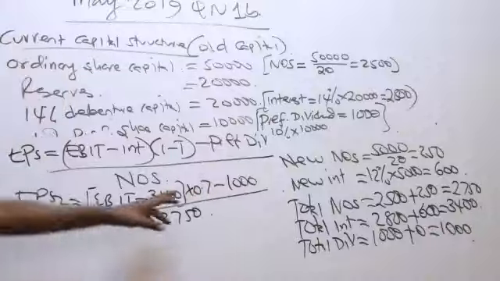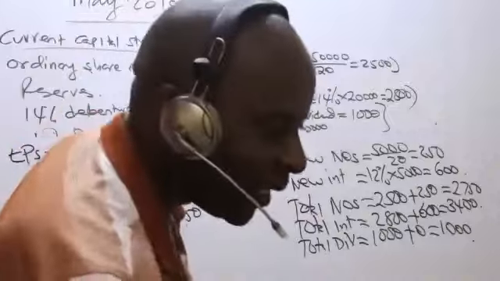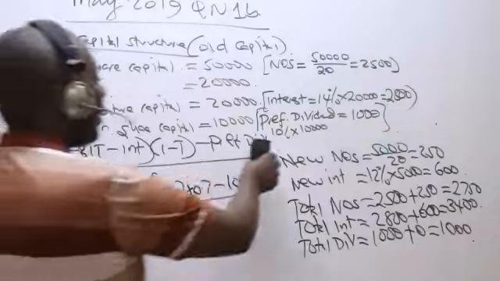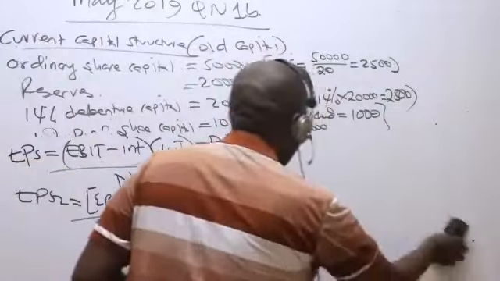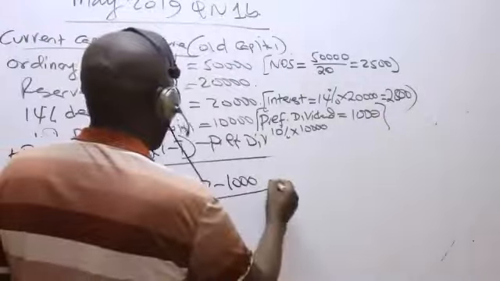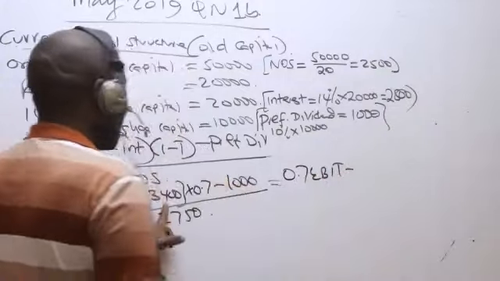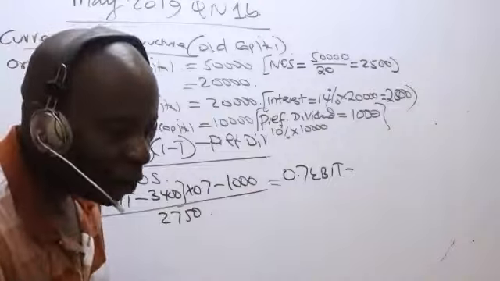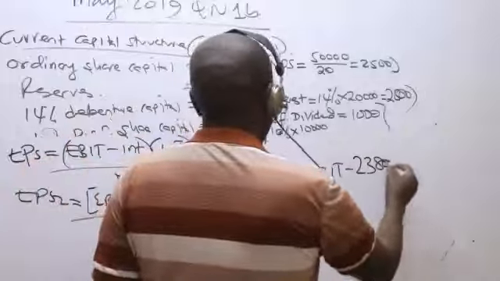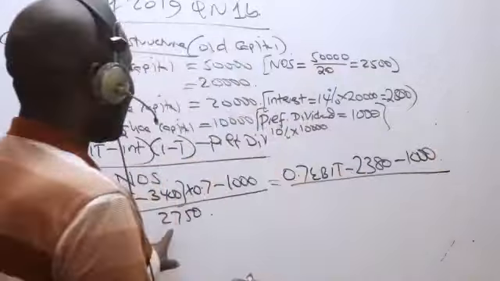So please go ahead and open up the brackets now. What do we have here? When you open brackets, we have 0.7 EBIT minus this times this, which gives me what figure? 2,380. Jerome is a man from Rwanda. Minus 1,000, all over 2,750.